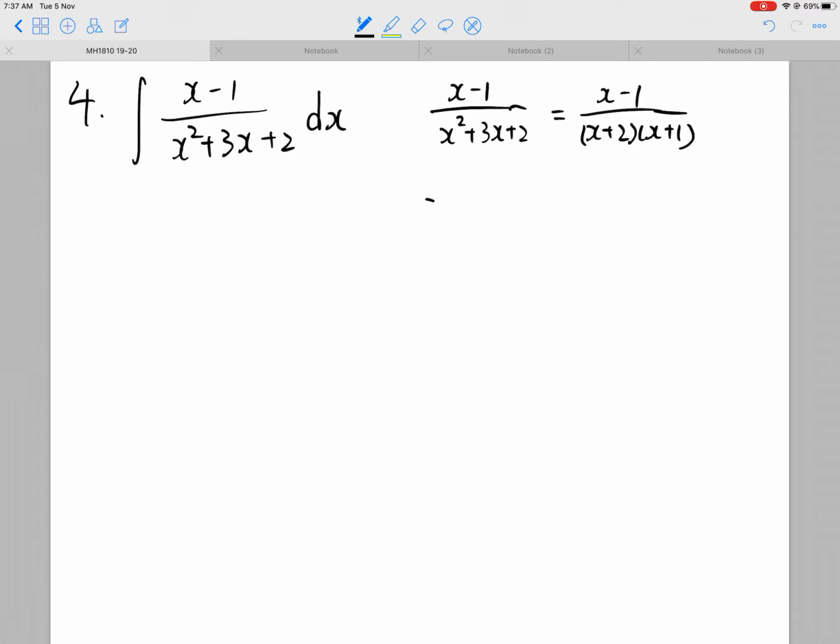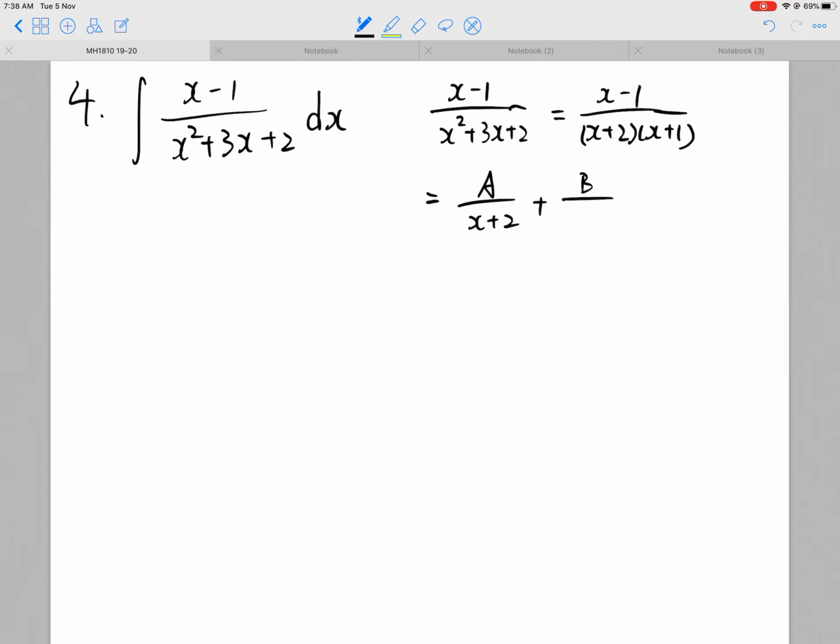Right? So we can rewrite it as a over (x plus 2) plus some b over (x plus 1).